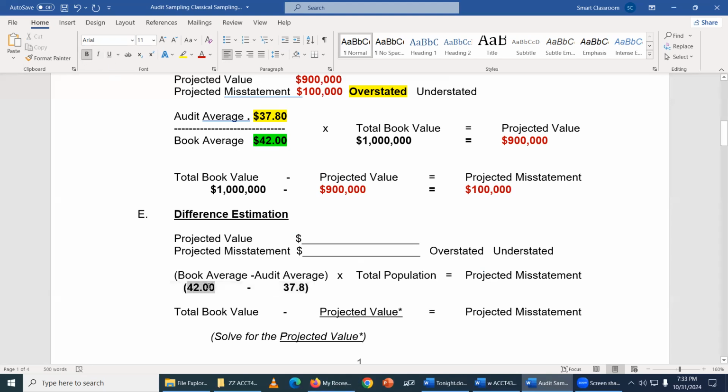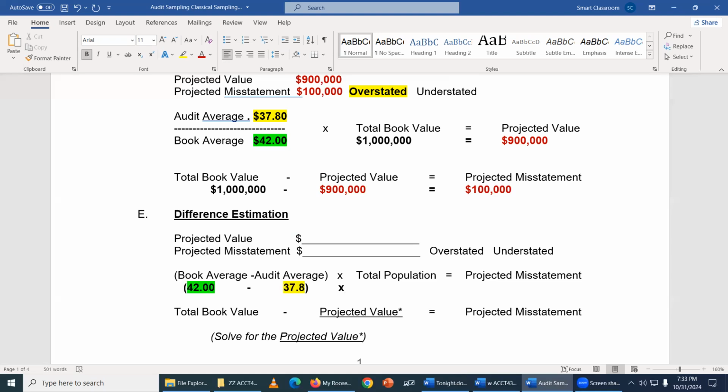So 42, that's the book average, minus the 37.8. This is the difference between those two, and we're going to say everything in the population is off by this exact difference, whatever it is.